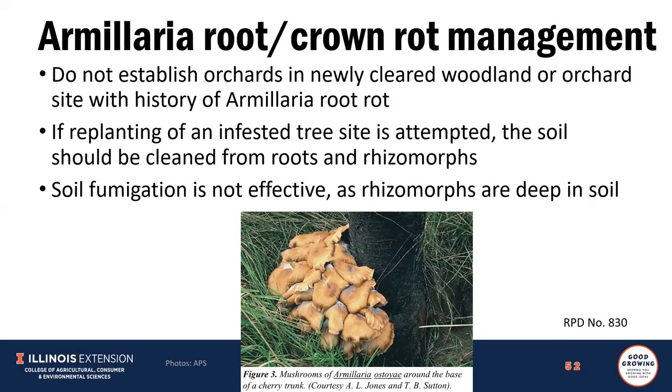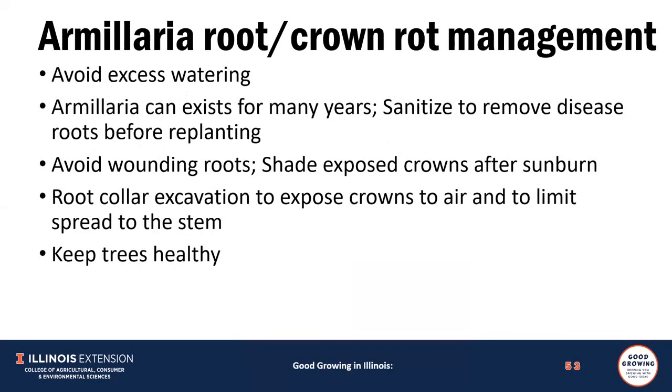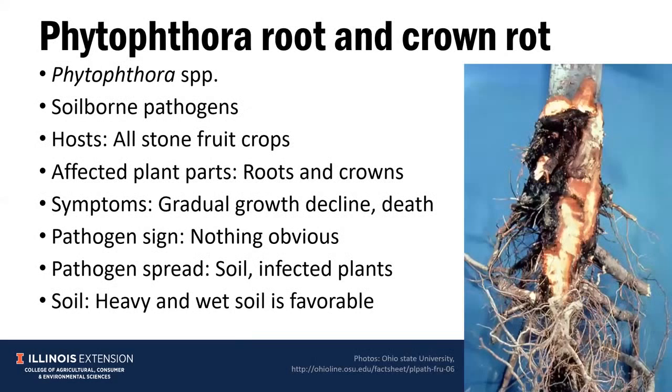And soil fumigation is not effective for mitigating this particular disease. So you want to avoid excess watering, avoid wounding the roots, and keep your trees as healthy as possible. Selecting higher elevation may help for this particular disease.